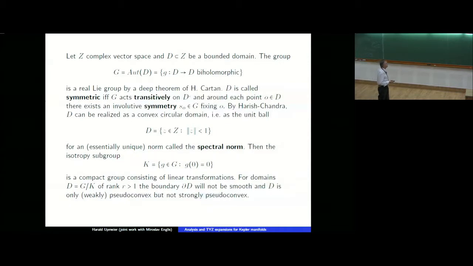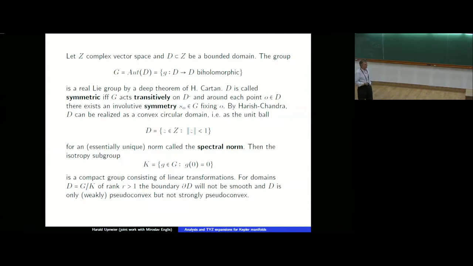Harish-Chandra worked, of course, on representations of semi-simple Lie groups related to the symmetric domains, and realized that every Hermitian bounded domain can be realized as a circular domain, invariant under the circle group. I think he did not prove convexity, but it is true that you can always make it convex.